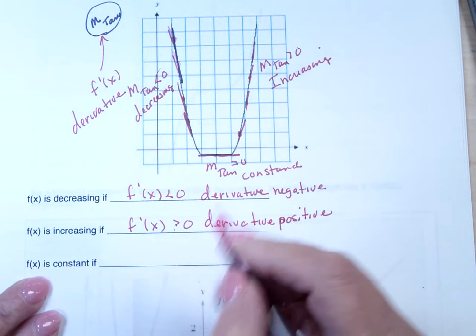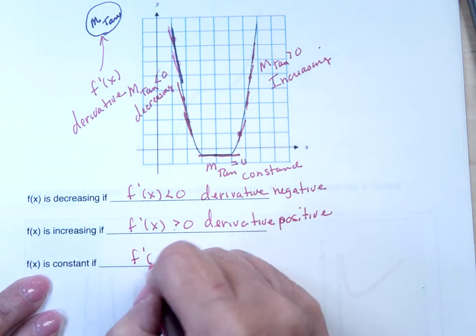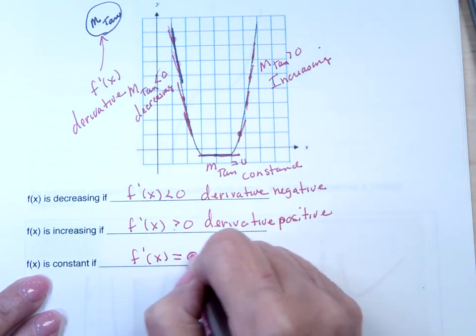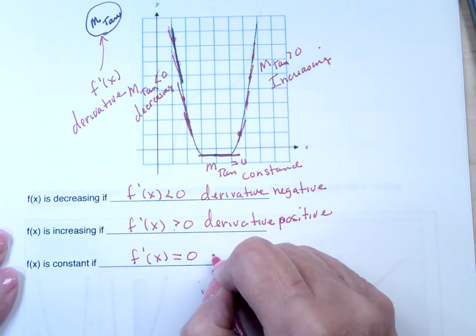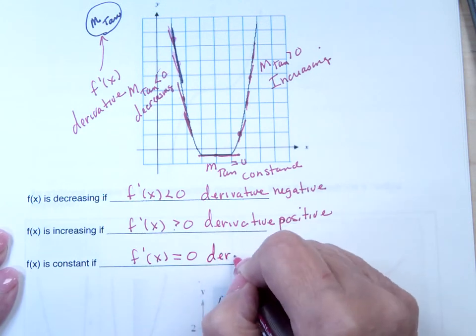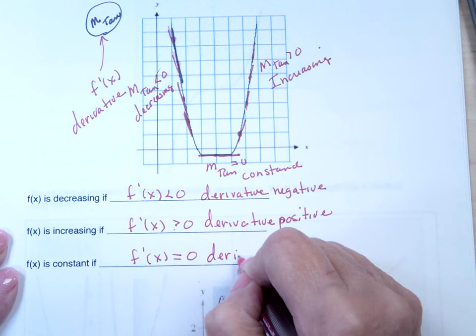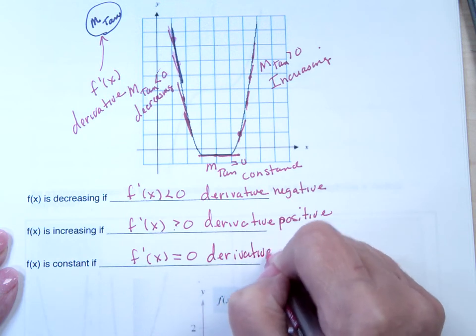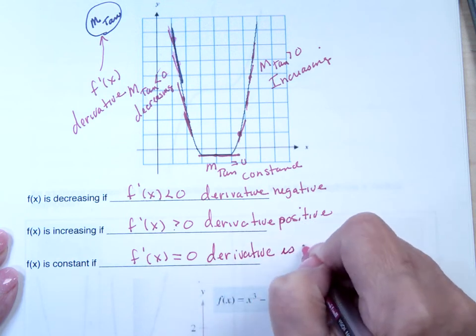And f of x is constant if f prime of x is 0, or the derivative is 0.